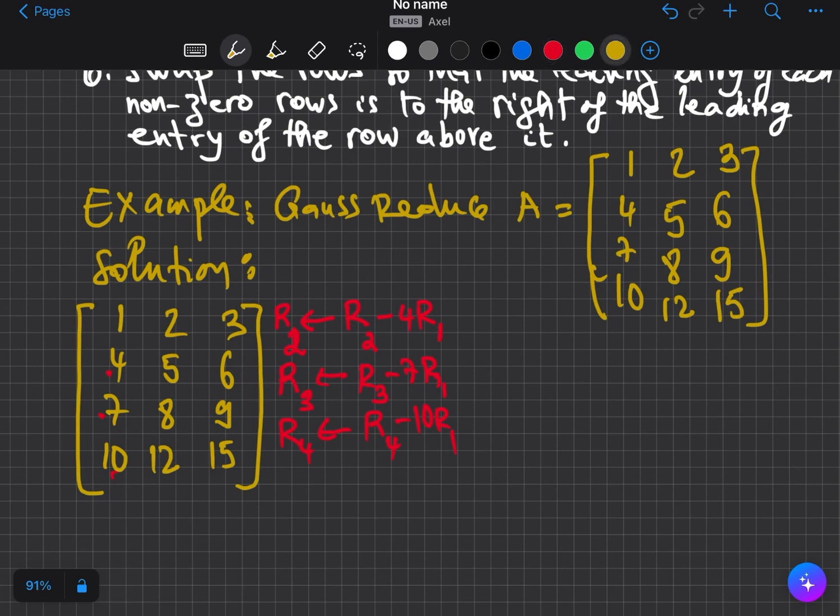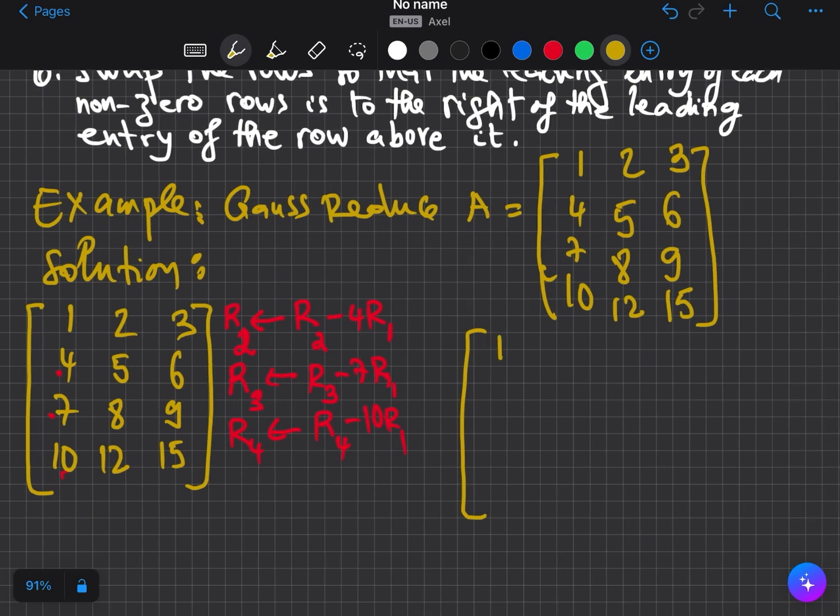Applying this will give me this matrix. I will have 1, 0, 0, 0, and if you apply this multiplication, here I will have 2. I will have minus 3 because 5 minus 8 gives minus 3, and then I will have minus 6, and minus 8.